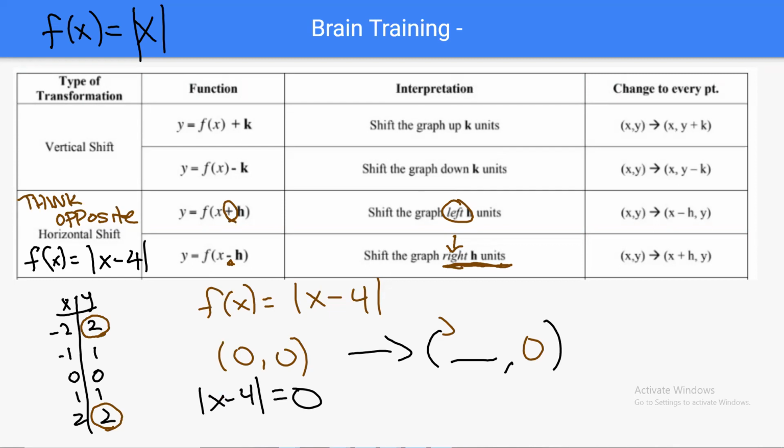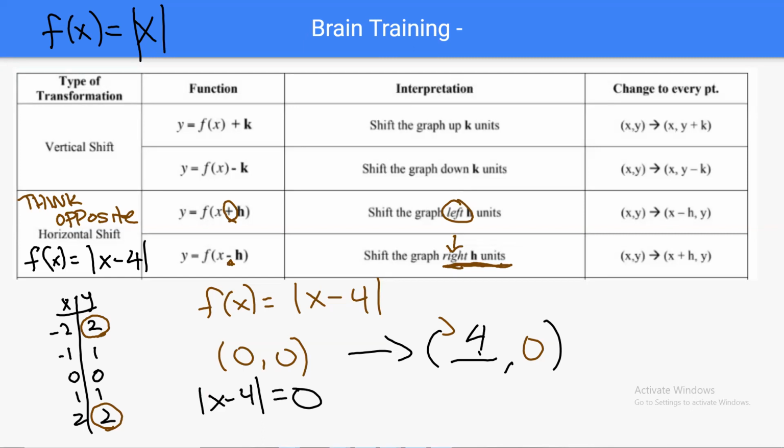It's not a trick question. 4 or 0. Sorry. My first number was correct: 4. Because 4 minus 4 equals 0, and the absolute value of 0 is 0.